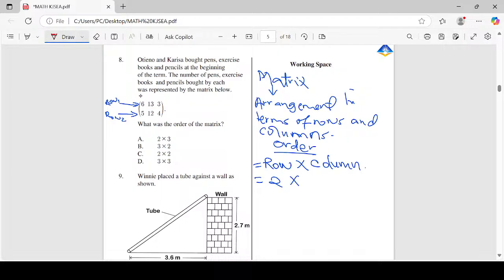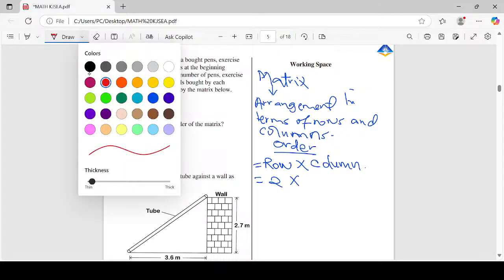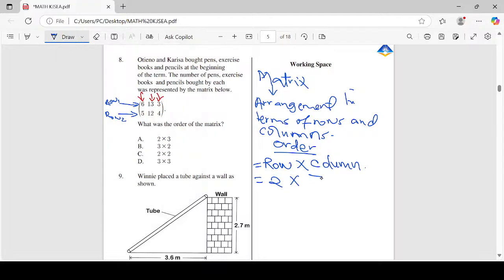In my case, I'm having this as column 1, column 2, column 3. The ones I've indicated using red indicate columns. So I'm having 3 columns here. The order of my matrix is 2 by 3. We have 2 rows, making it 2 by columns, which are 3.